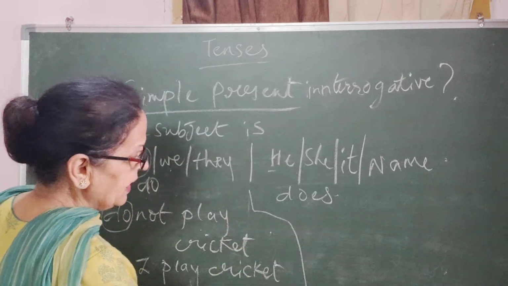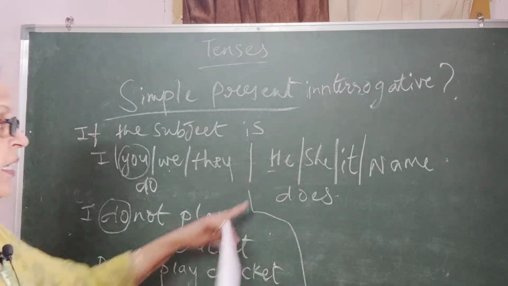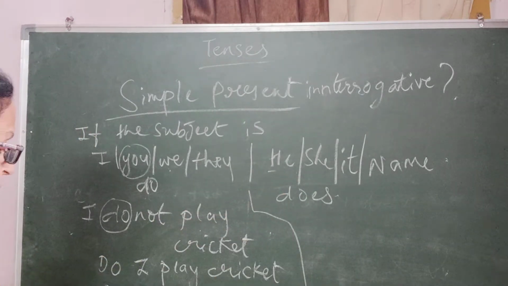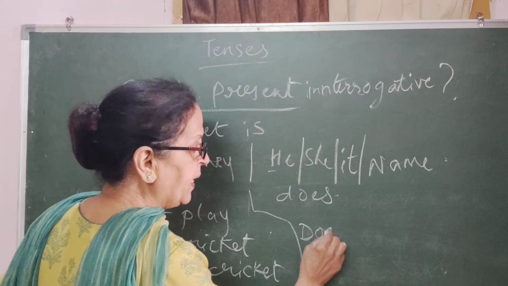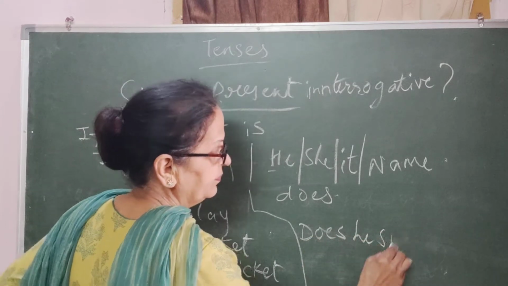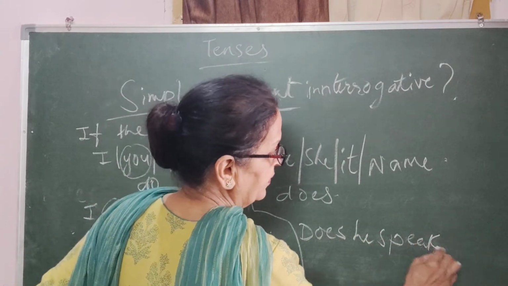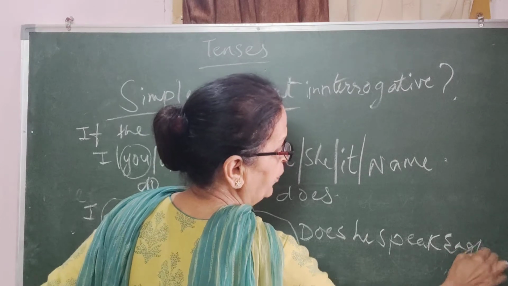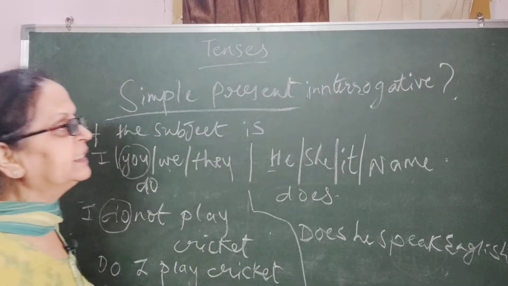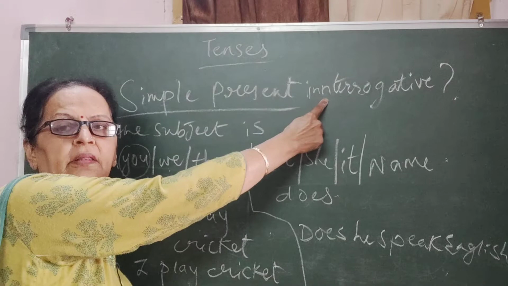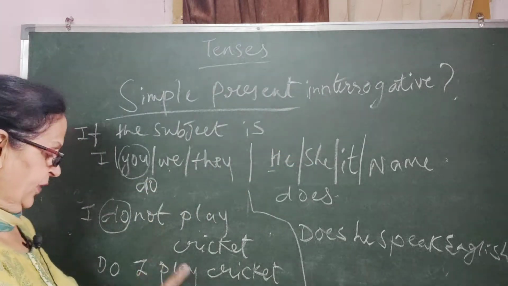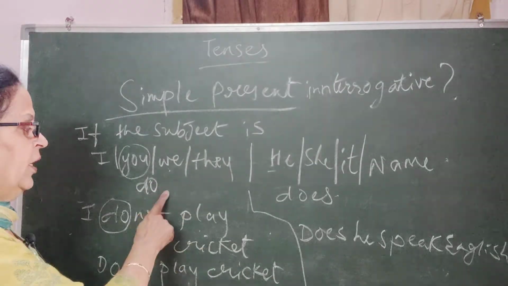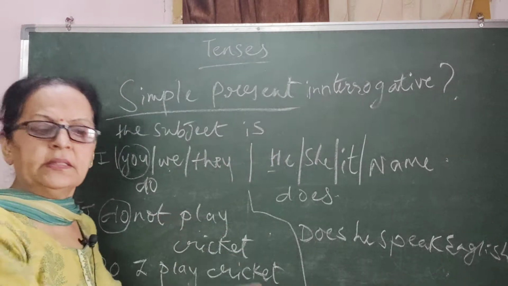But if I want to write he as a subject, it will become, does he speak English? I hope you can understand these small tricks. In interrogative, the verb will come first before the subject, but the verb used is according to the subject.